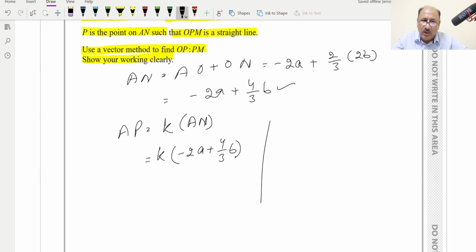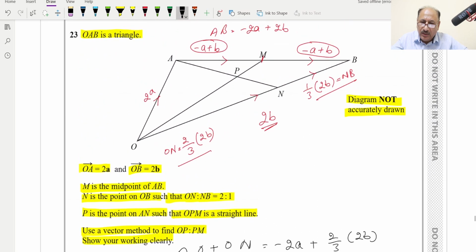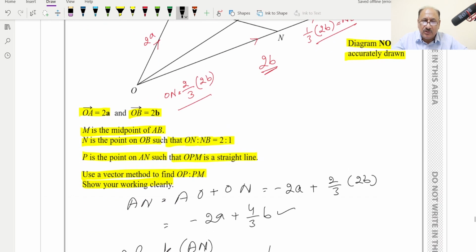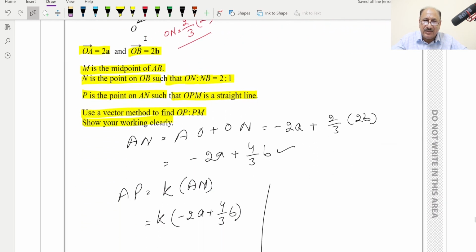We can find OM value also. OM is what? We can write OA plus AM.